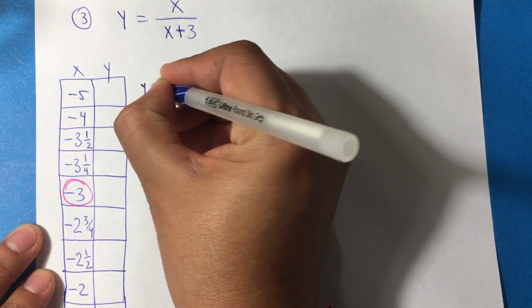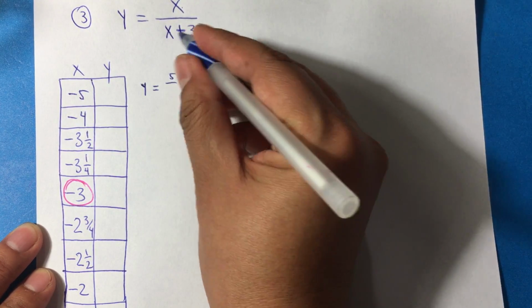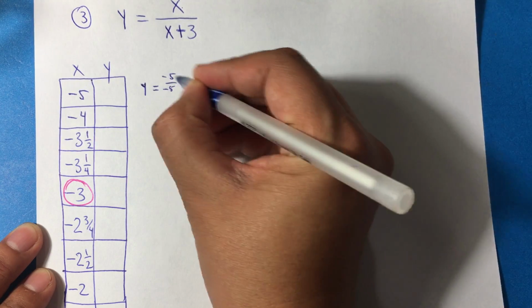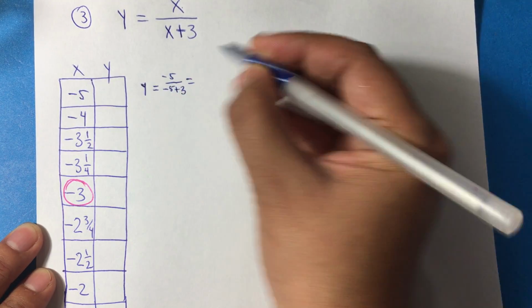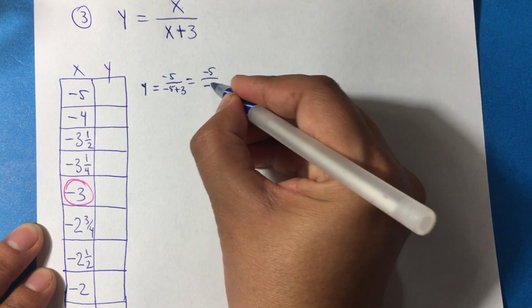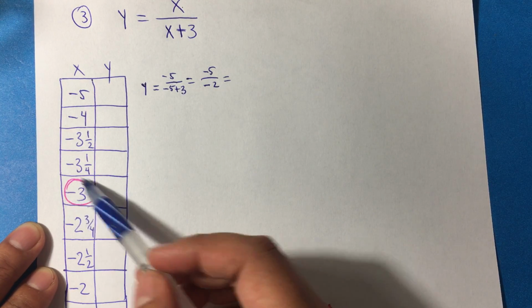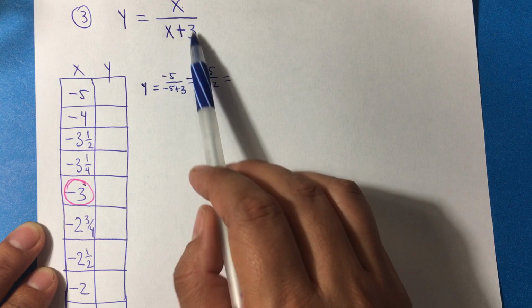Okay, so y is equal to -5 divided by -5 plus 3. I forgot the minus in there. And so -5 divided by -5 plus 3 is -2. Again, how did I choose these points? It's just by looking at the asymptote.